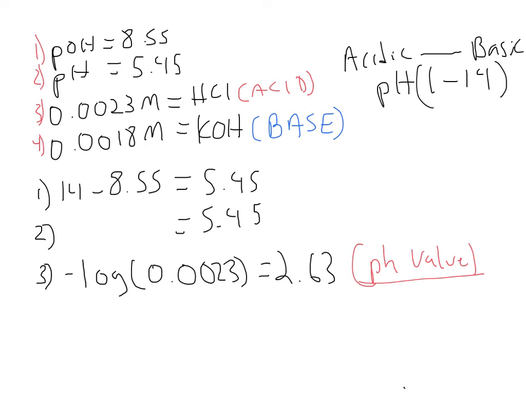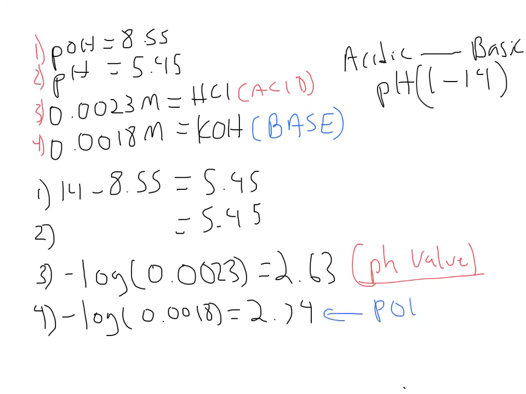So then the last one, number 4. You're given a concentration, you want to find the pOH. Well, let's just see what happens. You plug in the minus log of 0.0018. You plug that into your calculator and I got 2.74. Alright, wow, so that definitely looks like it's pretty acidic, right? But you got to realize that KOH is a base, so that value actually gives you the pOH value.